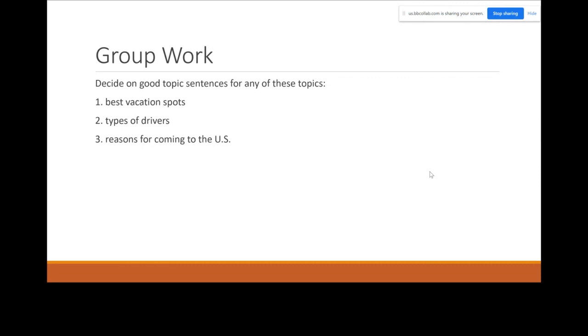I think that is the controlling idea. The controlling idea, yes. Well, no, the topic will be types of drivers. Types of drivers, right? Exactly.